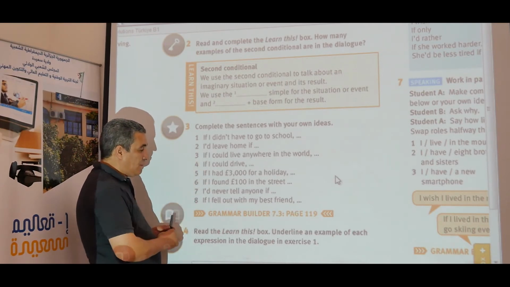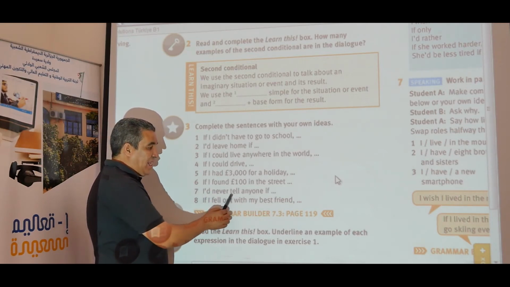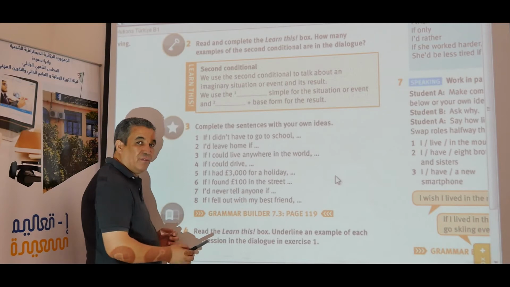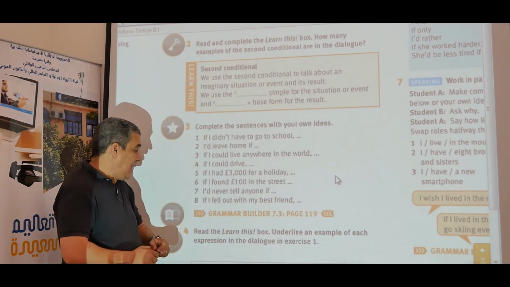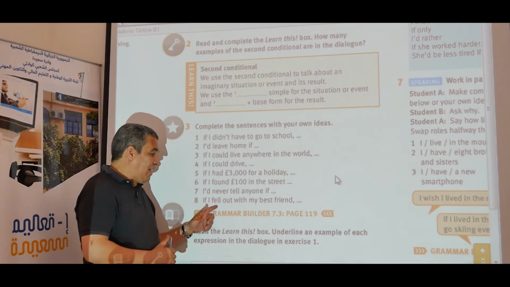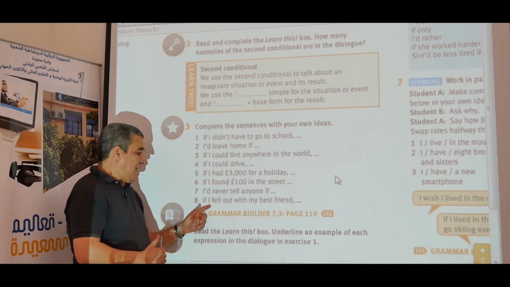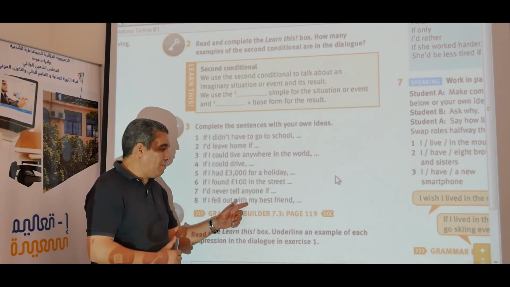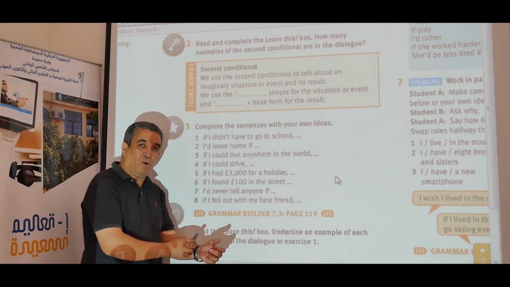Okay, 7. I would never tell anyone if, I would keep it as a secret if. And 8, if I fell out with my best friend. Fell, past simple of fall.